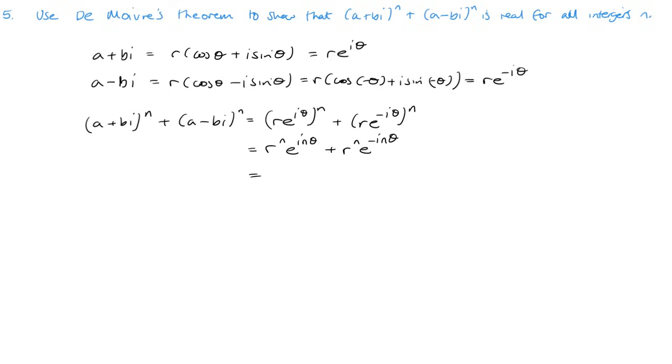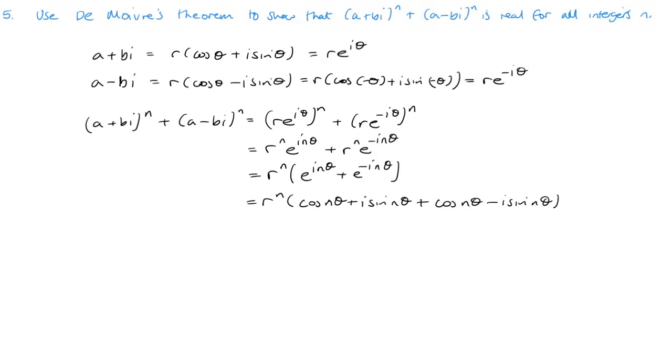Now taking out r to the power n, we've got e to the i n theta plus e to the minus i n theta. And putting that back in terms of cos and sine, this one would be cos n theta plus i sine n theta, plus cos n theta minus i sine n theta, using this one here.